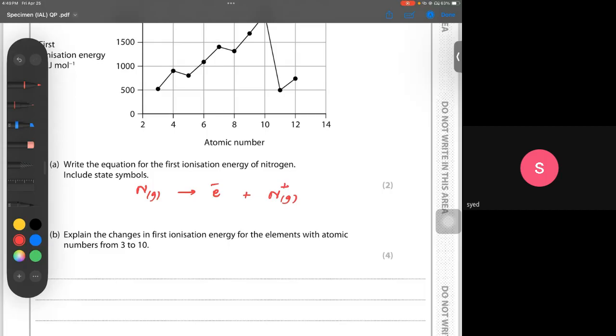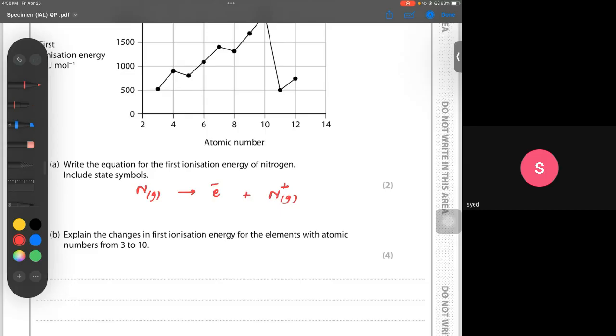State symbols, you know why it's going to ask? Because when you write nitrogen liquid, or solid, or aqueous, any state other than gas, you would not be getting the mark. If you remember the definition of ionization energy, it is the energy required to remove an electron from the outer shell of a gaseous atom.